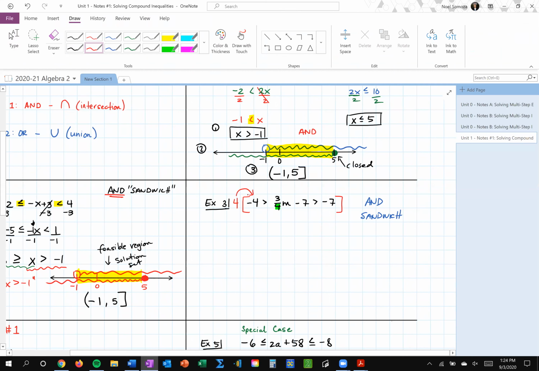So 4 times negative 4 would be negative 16, still greater than. Here, let's do a little mental math. 4 times 3 is 12, and then divided by 4 takes us back to 3, right? So that's just 3m. 4 times negative 7 is negative 28, and 4 times negative 7 is also negative 28 again.